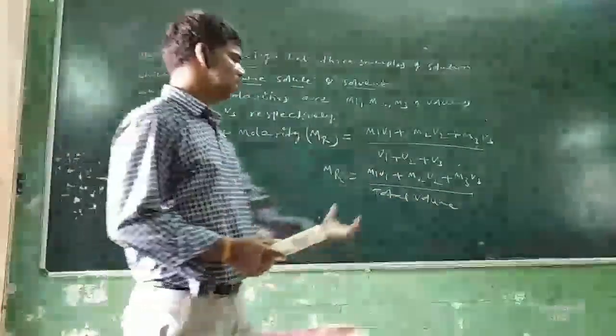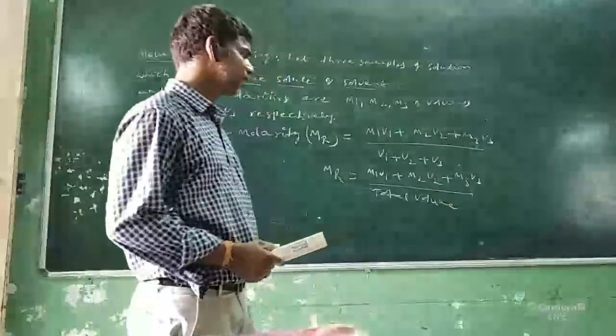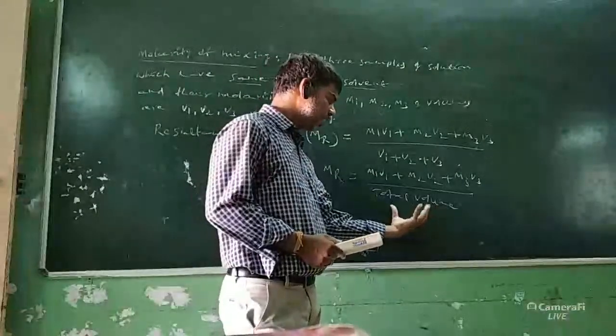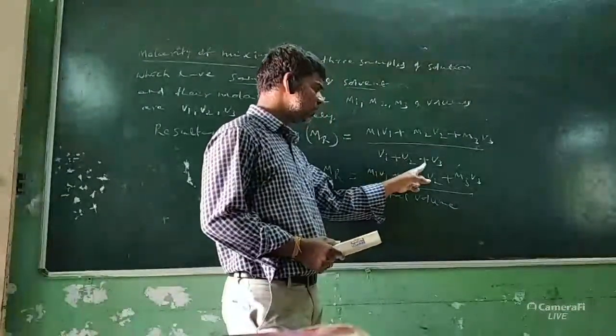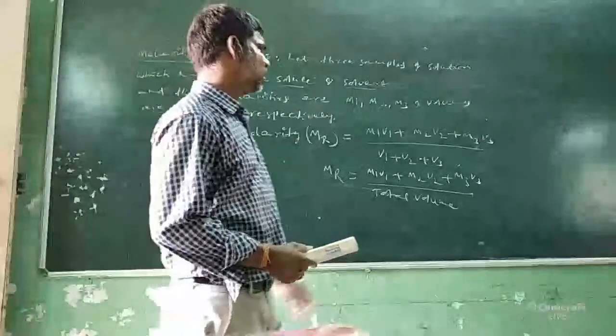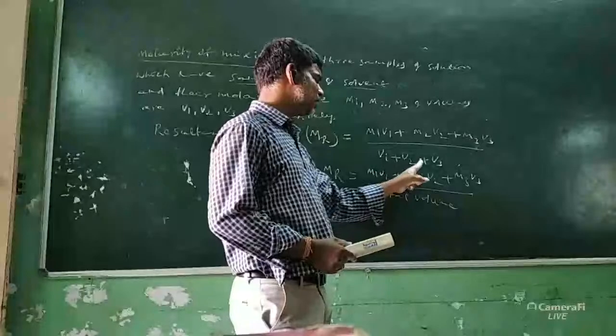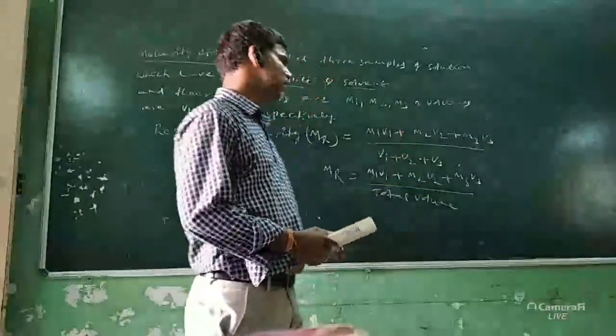Otherwise here we have the total volume. These two formulas are different, we have to remember that. And whatever the total volume is, we have to take it, not only V1 plus V2 plus V3. We will discuss the problems later. So MR is M1 V1 plus M2 V2 plus M3 V3 by V1 plus V2 plus V3 if they give only 3 volumes.